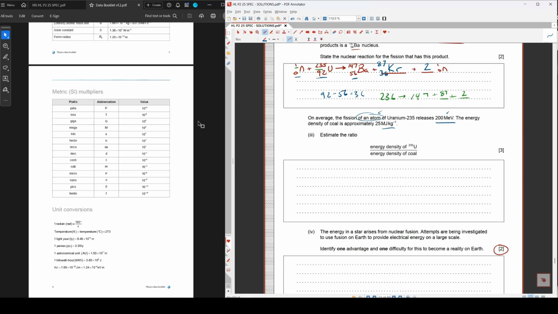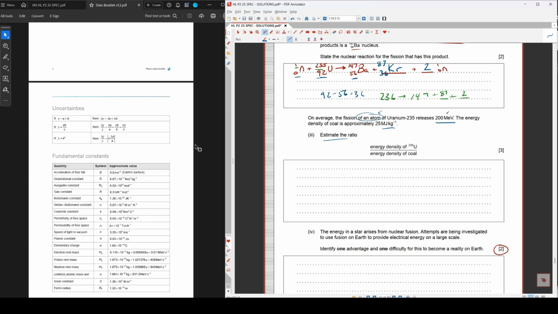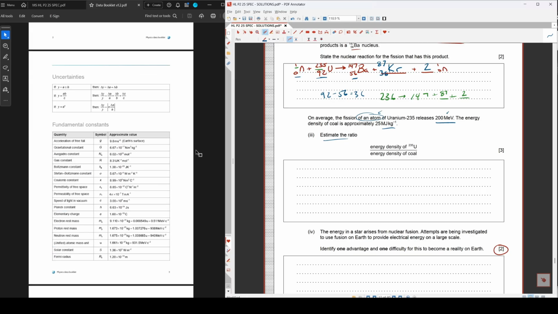This one, you got to like kind of make an estimation, and they're telling me to estimate the ratio, so this is fair. But the mass of uranium-235 is not like straight up in the data booklet, but I want to know what it is. It's 235 protons and neutrons, you know, all smushed together. And each proton and neutron basically has a mass equal to the unified atomic mass unit, 1 AMU. So I think a good estimation would be to say the mass of a uranium-235 is about 235 atomic mass units.